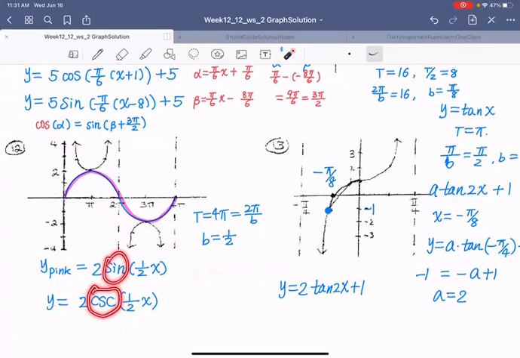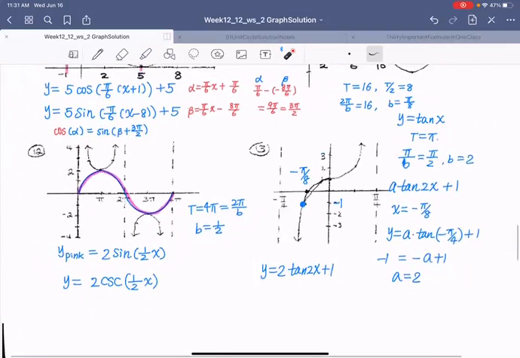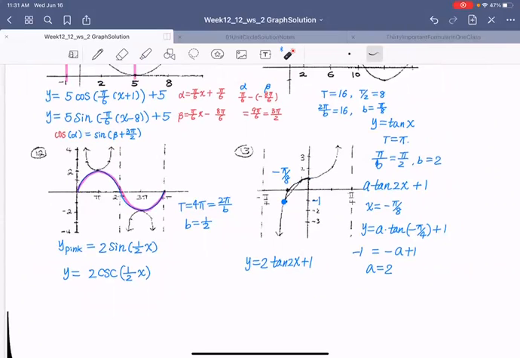Sine and cosecant are reciprocals of each other, okay? So you can figure out your y equals this. That is the graph for the original one, okay? Does this make sense? Yeah. We will continue learning drawing the secant and cosecant in the next few classes, okay?